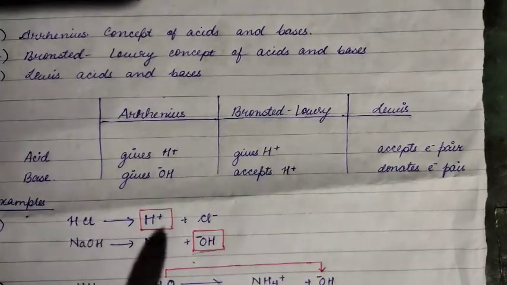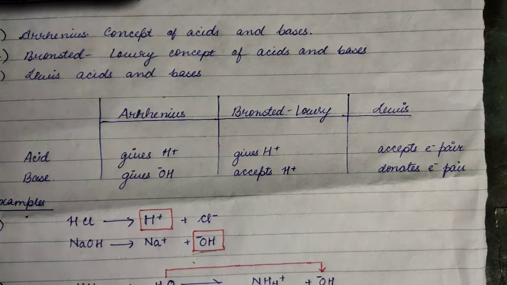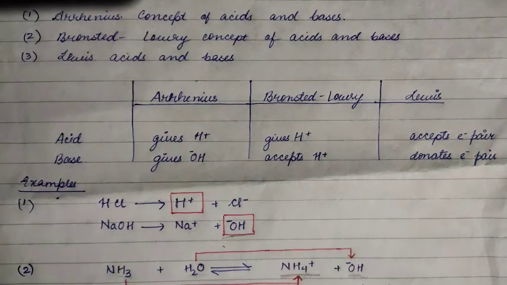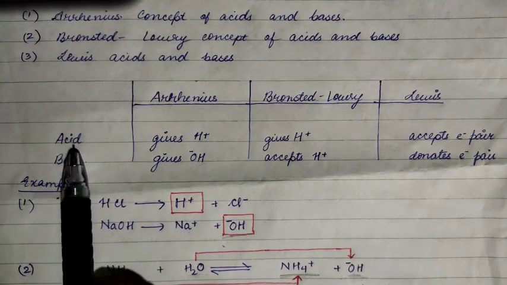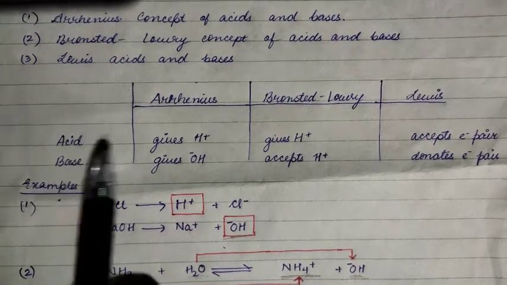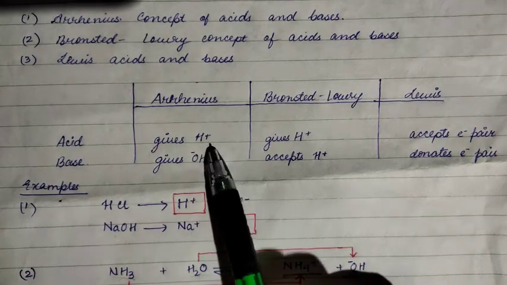You can study this chart and it will be easier for you rather than going one by one through the definitions, because there are so many things going on here. One is accepting, one is donating, again hydroxyl ion is there, hydrogen ion is there. So in order to not get confused, please follow this chart so that it becomes easier for you. Now, for base and acid, Arrhenius said it releases hydrogen ion.